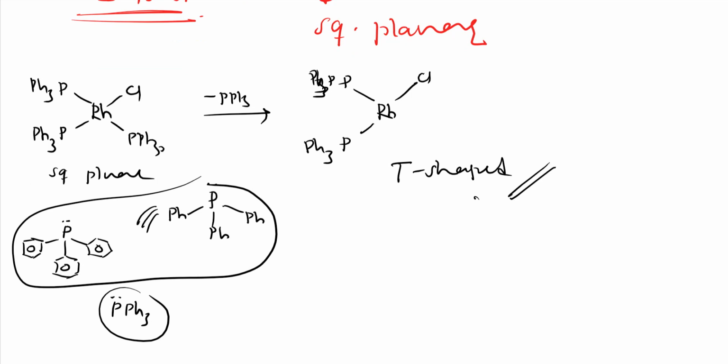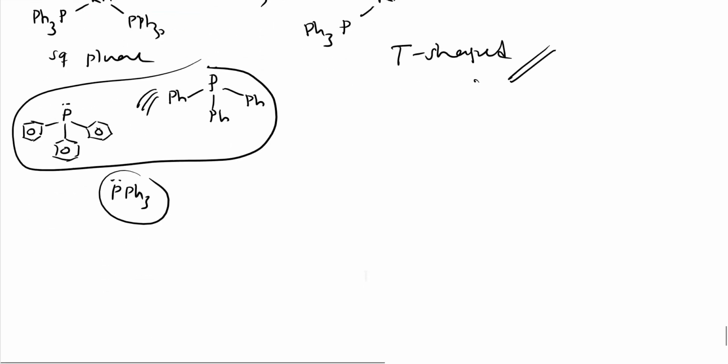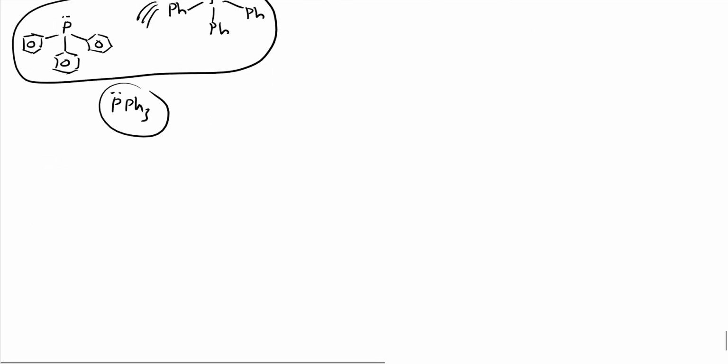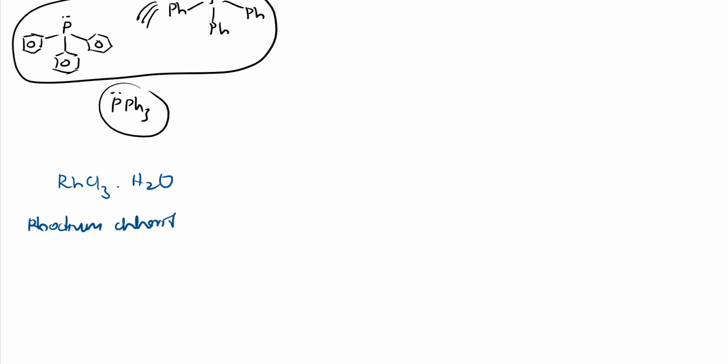Let us see how we synthesize this. I will take RhCl3 with water, which is nothing but rhodium chloride. To this rhodium chloride I will add excess of PPh3.